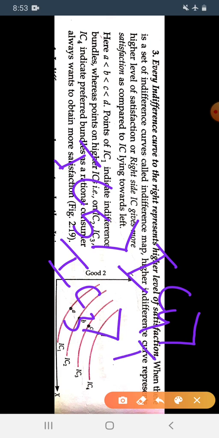IC3 gives more satisfaction than IC2, and IC2 gives more satisfaction than IC1. So whenever the indifference curve is shifted rightward, the last curve on the right will give the maximum satisfaction in comparison to the curves before it.